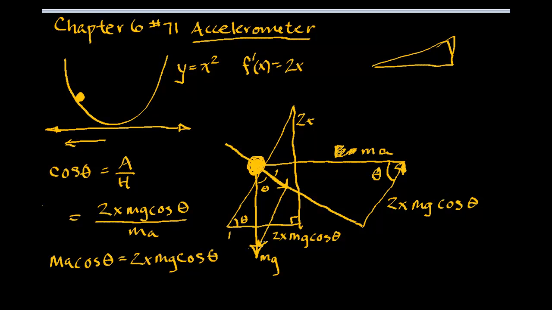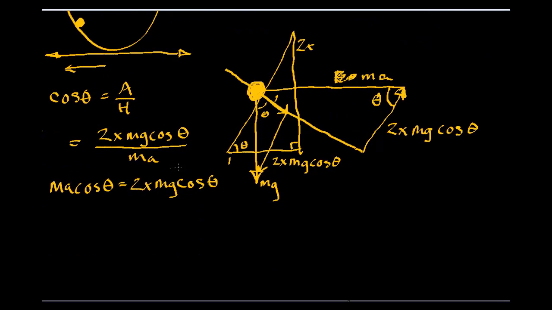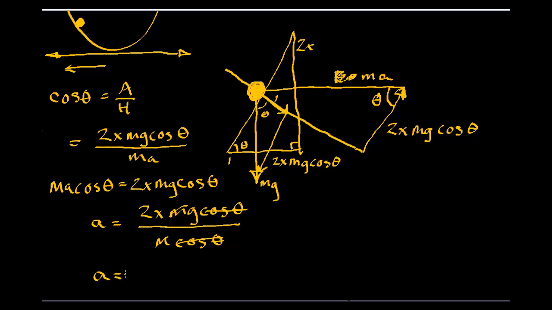And then I will divide both sides by m cosine theta. So this will just be a on its side by itself, and this equals 2x mg cosine theta over m cosine theta. Cosine theta cancels out with cosine theta. The mass cancels out with the mass. We're left with acceleration equals 2xg.